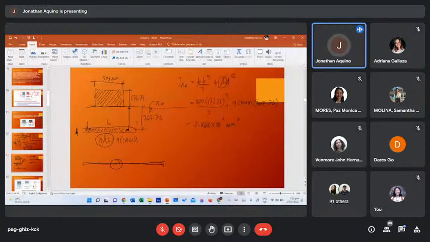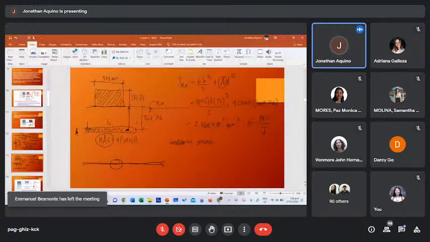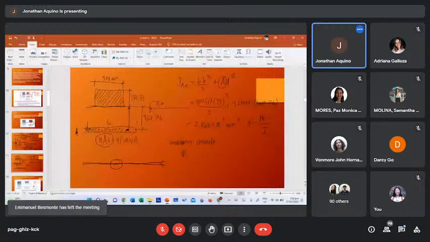So considering steel, the basic stress formula, stress is equal to Mc over I. Considering concrete, Mc is simply stress times moment of inertia divided by c. So stress is 0.45 square root of f'c.